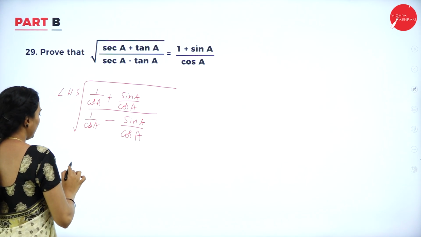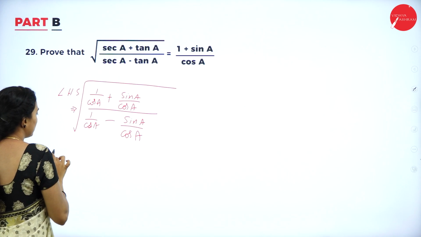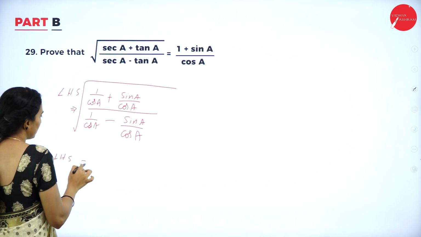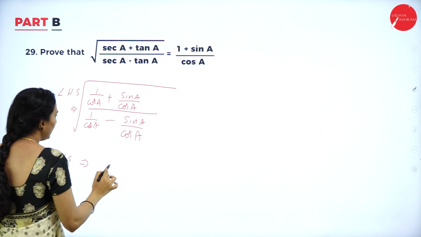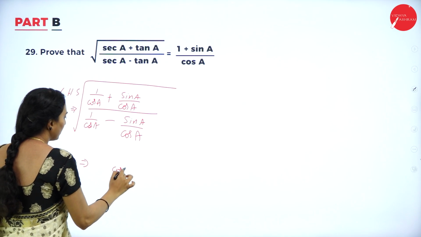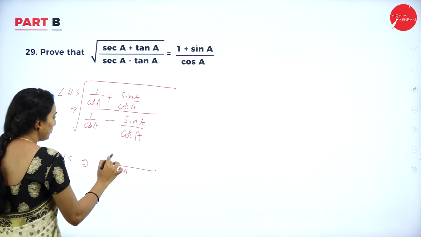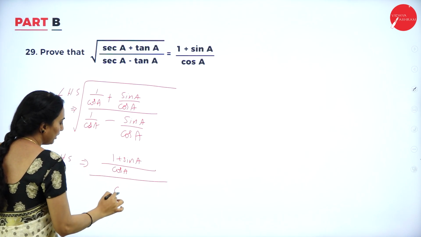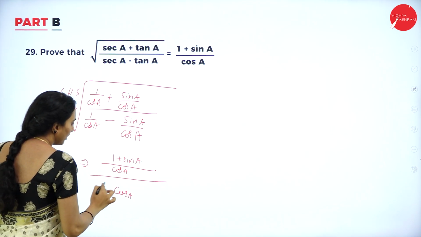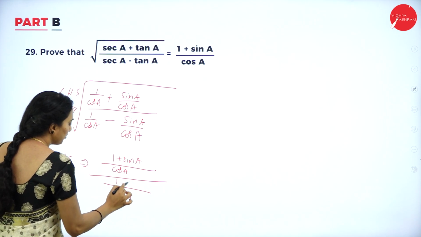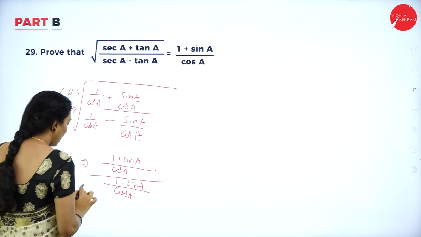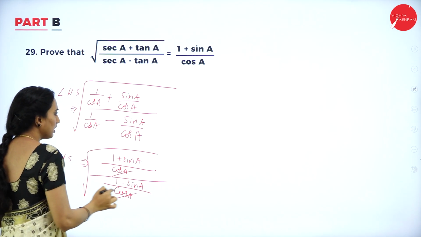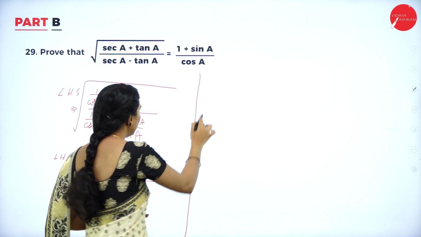And taking LCM. LCM is what? LHS implies, numerator LCM will be cos a and adding, 1 plus sin a, divided by denominator is also cos a and subtracting, 1 minus sin a, under the root. Now cos a will get cancelled. Remaining it will be what?